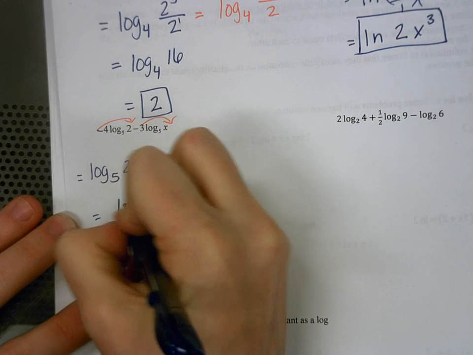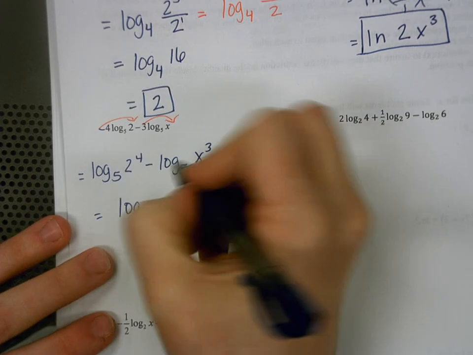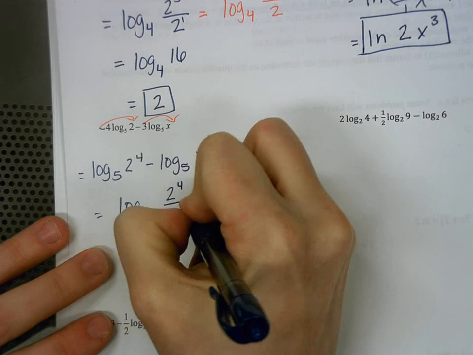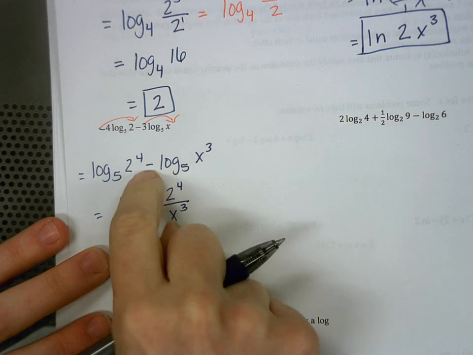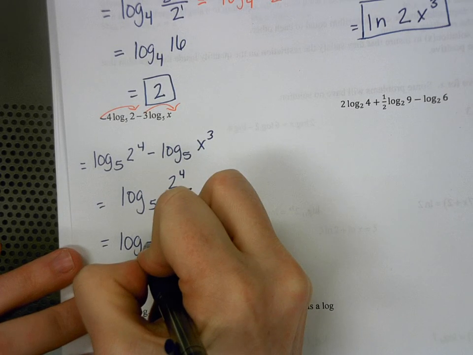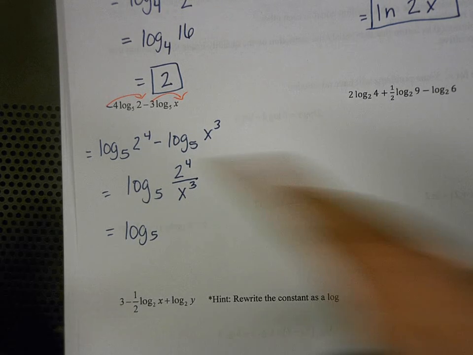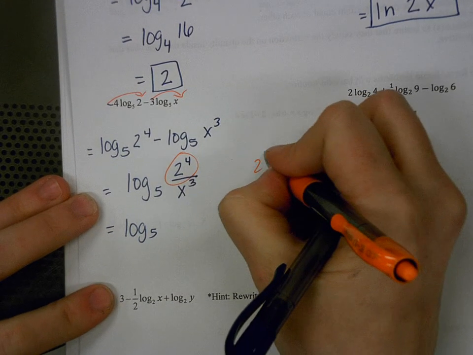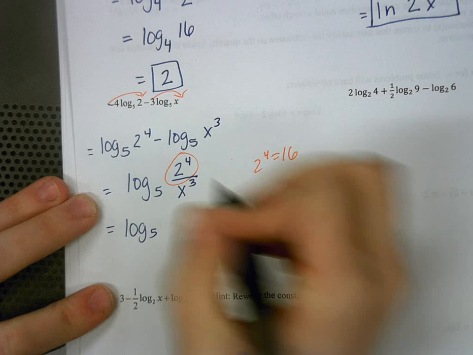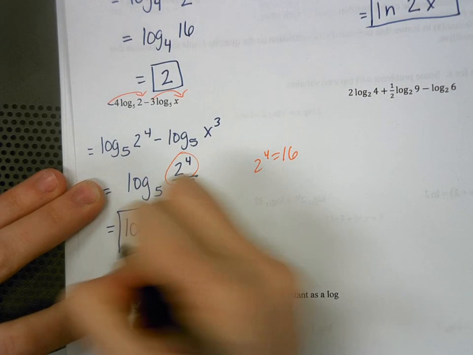They will stay log base 5, but into one condensed expression, 2 to the 4th over x cubed, because subtraction means you're dividing. If we can rewrite that, we will. What does 2 to the 4th equal? 16, so 16 over x cubed. Log base 5 of 16 over x cubed.